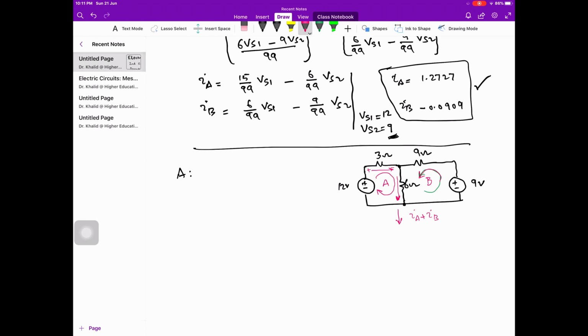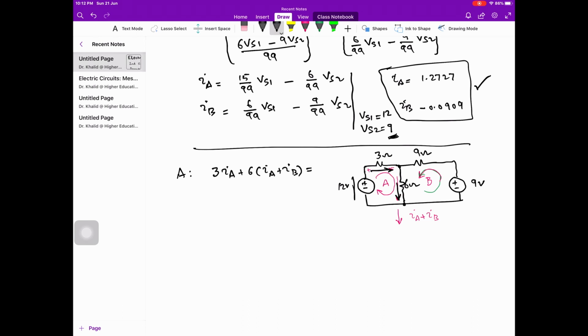Now write the equation for mesh A. It is the same as the previous because the voltage drop across the 3 ohm resistance is 3 IA, and the voltage drop across the 6 ohm resistance due to the net current flowing downward is 6 times IA plus IB.